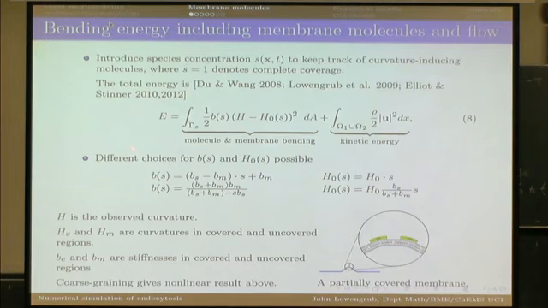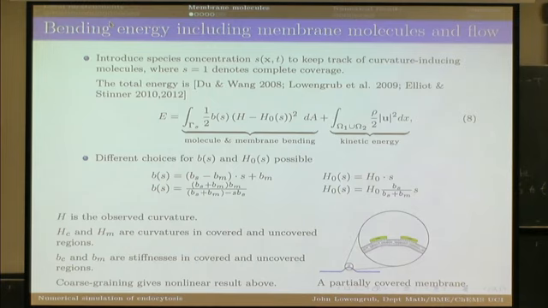Now what one can do is, again, modify the energy. This is just in the sharp interface version: you modify the energy through the bending stiffness, because these molecules are quite stiff, so they change the bending stiffness, and they also have a curvature, so they change the preferred curvature when they're attached.